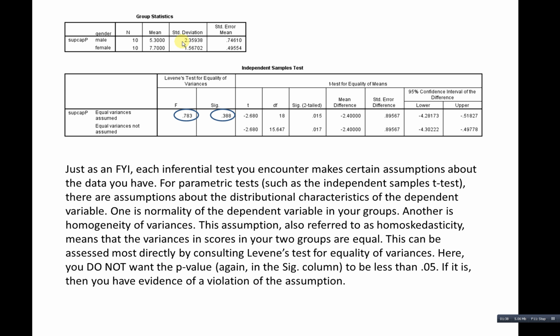And if they are not equal, then that violates an important condition associated with the independent samples t-test. So Levene's test, where you see it printed out right here for equality of variances, tests to see if there is a significant difference in the variances between your two groups.